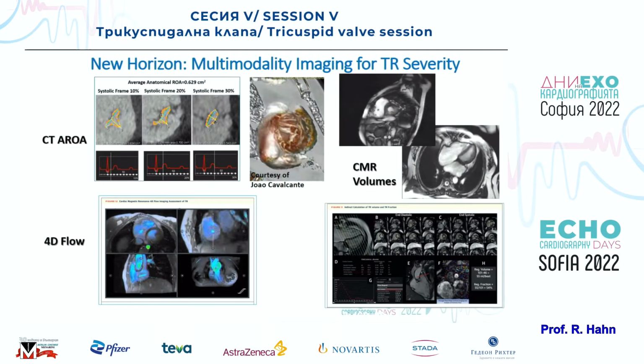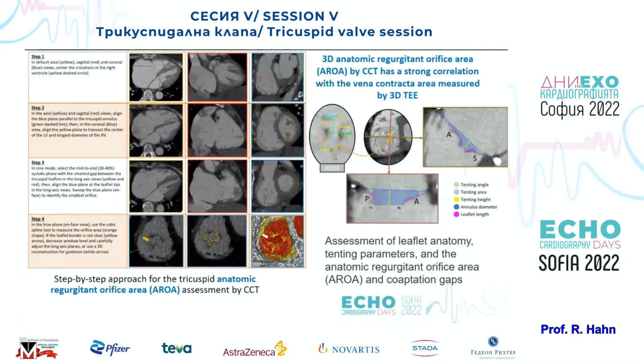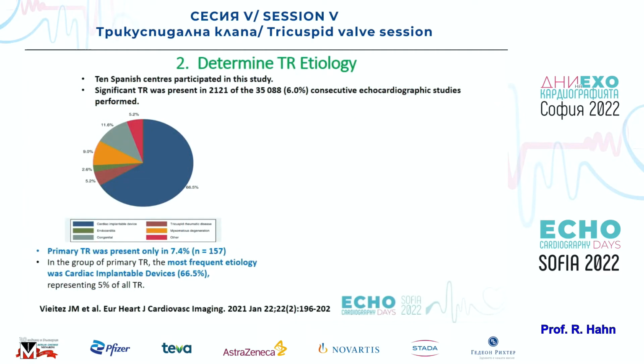And so using CT and CMR, we may be able to further quantify and refine the definition of severe regurgitation. We've already seen that the anatomic regurgitant orifice area by CT has correlated very well with three-dimensional echo vena contracta area.